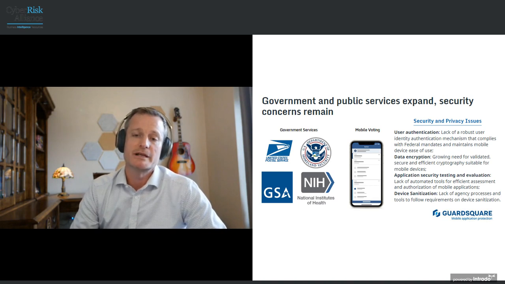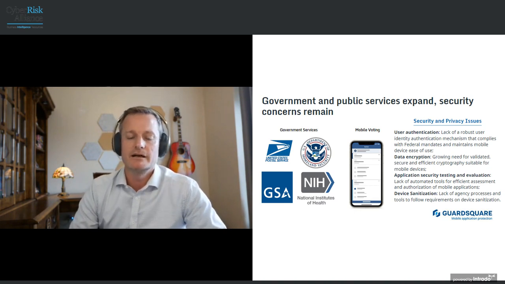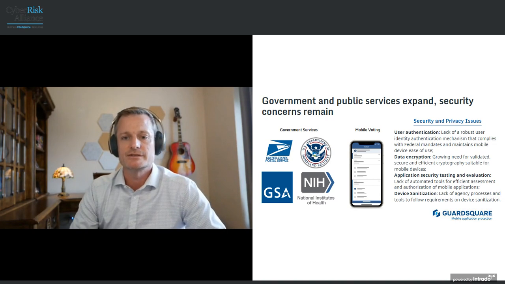Mobile voting is becoming more commonplace now. And so there's different security and privacy issues that you need to contemplate as you start to build these services. Making sure that you've got a robust system for user authentication, data encryption, both storage and communication of data, and the cryptography that's used, and making sure there's good, robust security testing solutions in place for these.